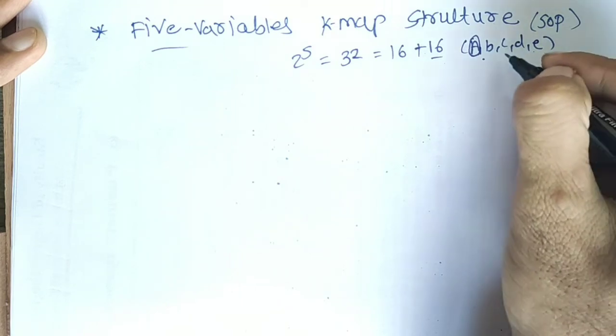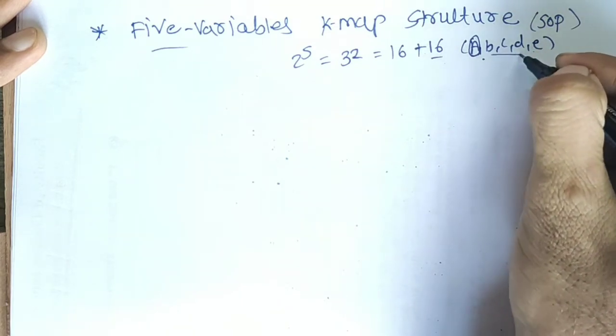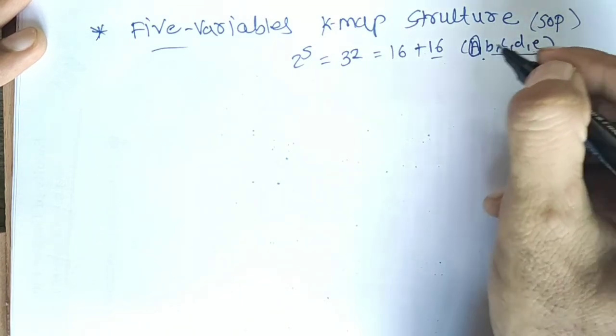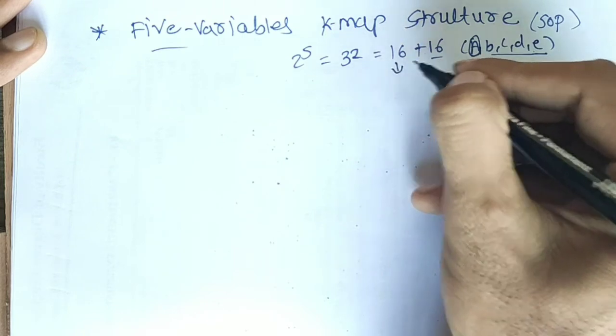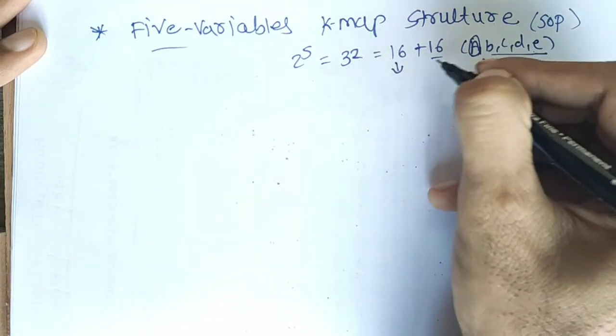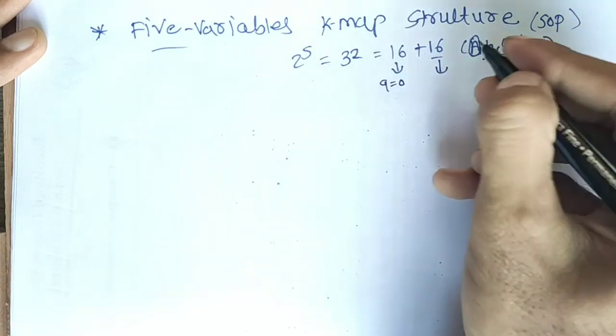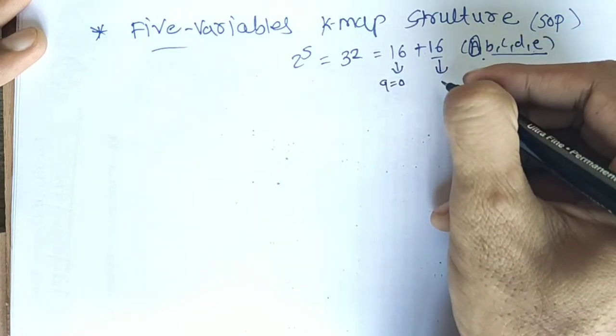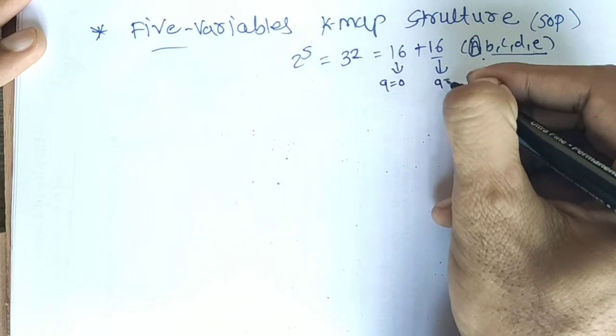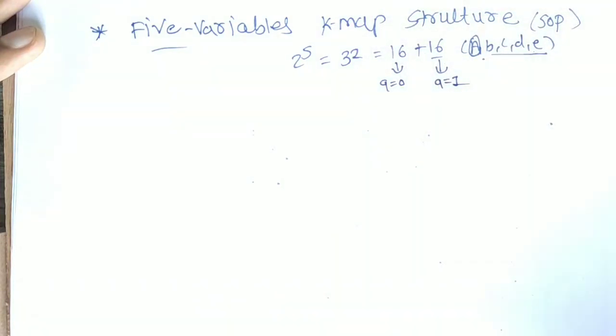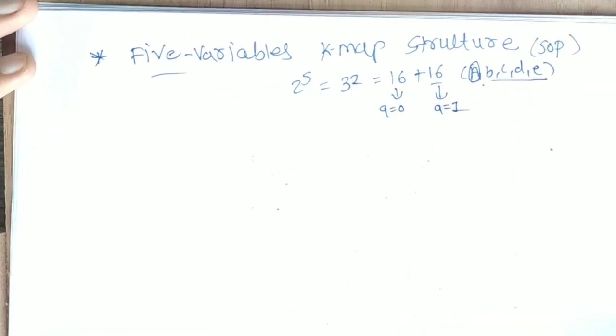And the remaining 4 variables are B, C, D and E. This is the 4 variable K-map structure. In the first 4 variable K-map structure, we write the first variable A as 0, and in the next 4 variable K-map structure, we represent it as 1, right? Now we have to draw the structure of the 5 variable K-map.